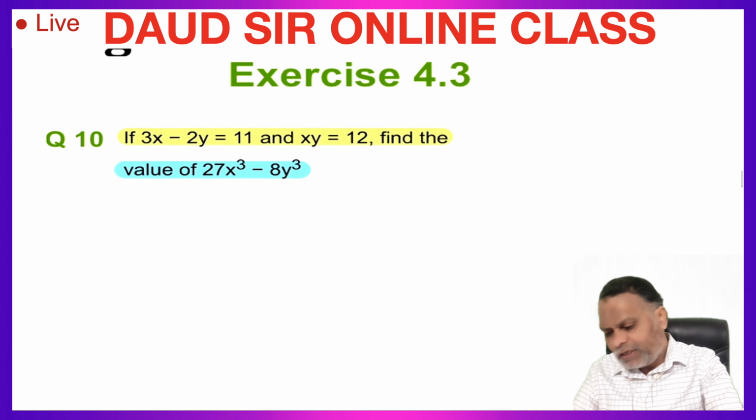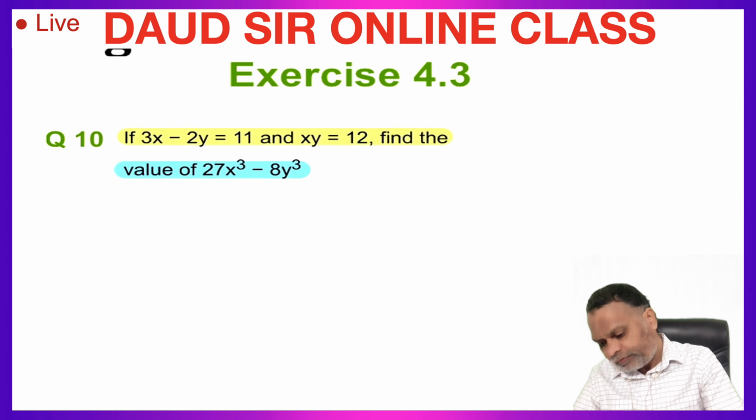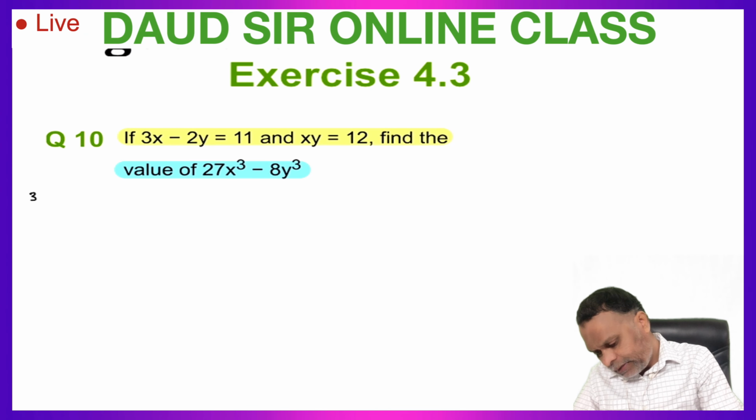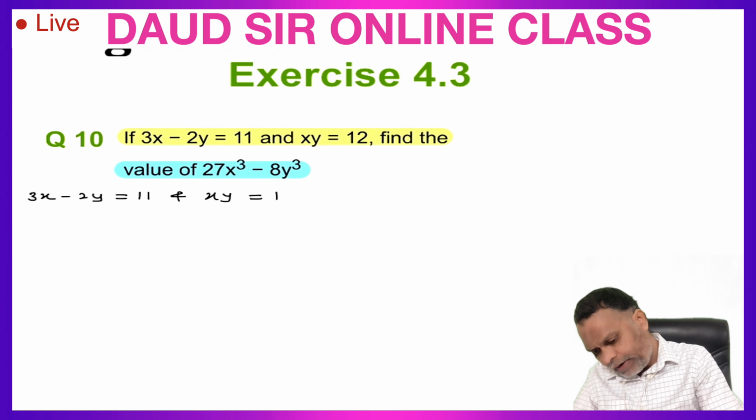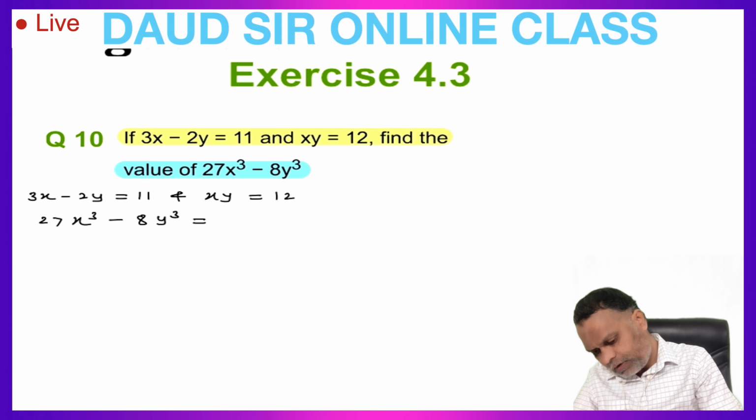So write the given things first. 3x minus 2y is equal to 11 and xy is equal to 12. So we have to find out 27x cube minus 8y cube is equal to, put question mark.